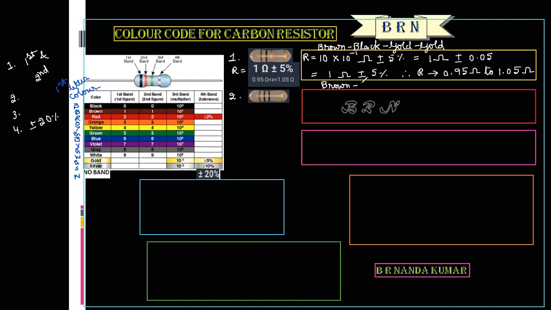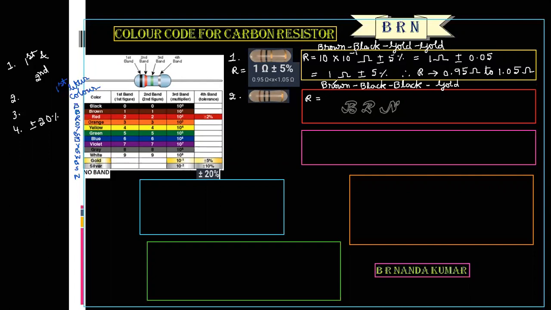Second one is black. Next one is black, and the last one is gold. Okay. So R is equal to.